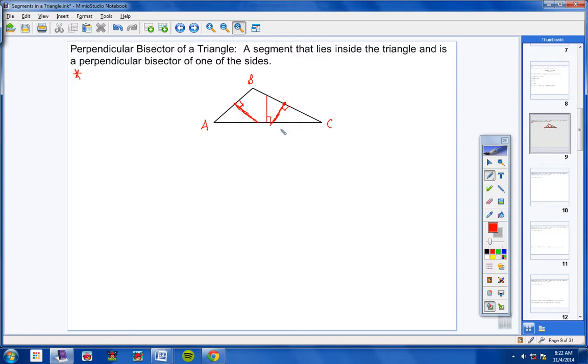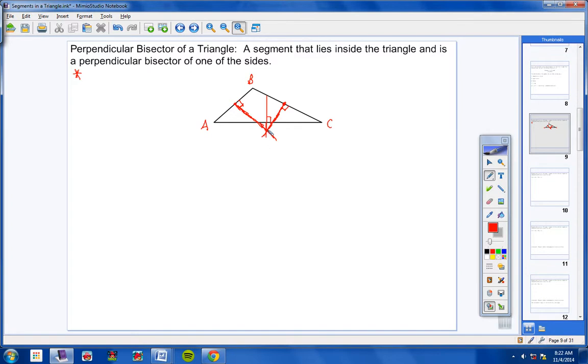Now, let's do something else. Look what happens if you keep extending the segments until they intersect. In your notes, go ahead and keep extending your segments until they intersect. Theoretically, they should intersect in one point.